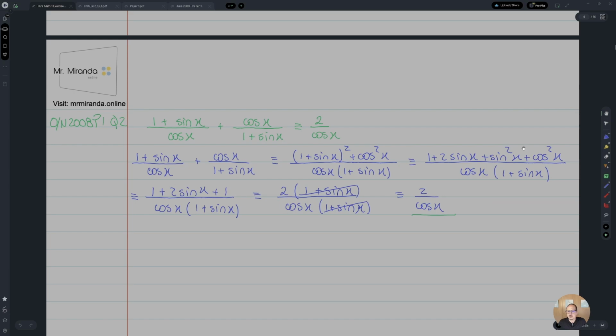And then I'm going to have on this side sine square of x plus cosine square of x, and I know that this is 1. What do I have now? I have 2 plus 2 sine of x, so I can factorize that 2. That's going to be 2, open brackets, 1 plus sine of x, which is one of the factors that you have in the denominator. So you can cut this factor, the whole thing altogether, and you end up with what you wanted.